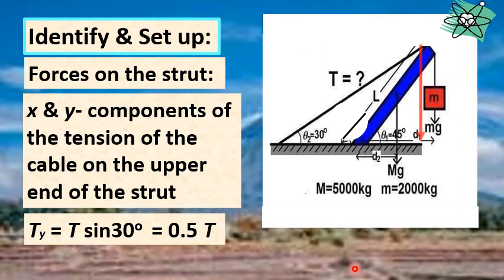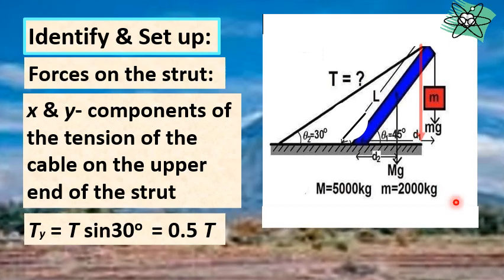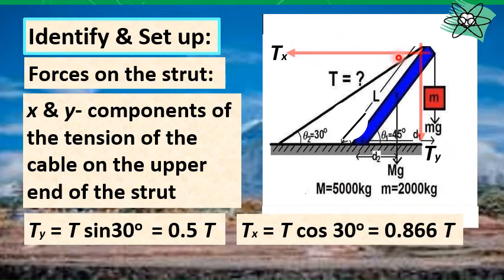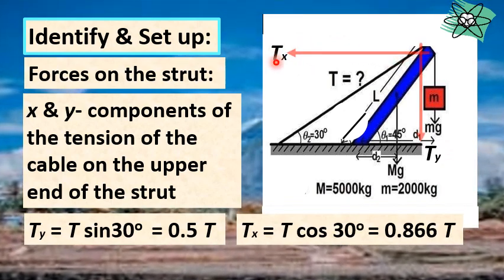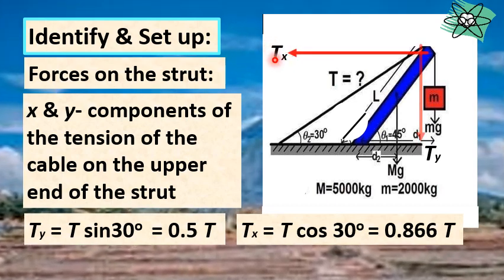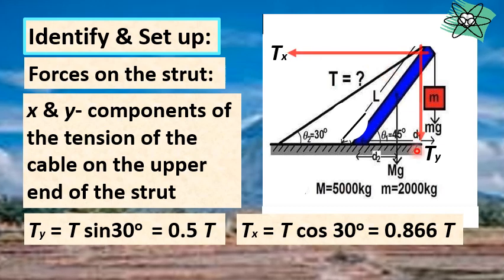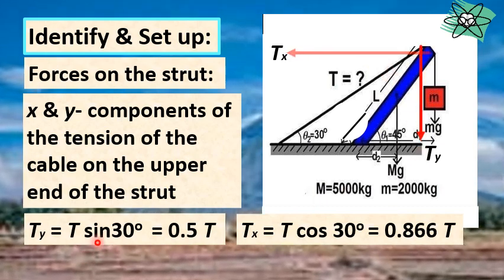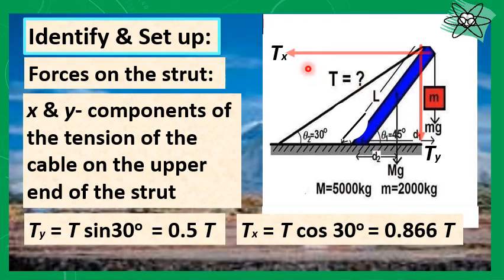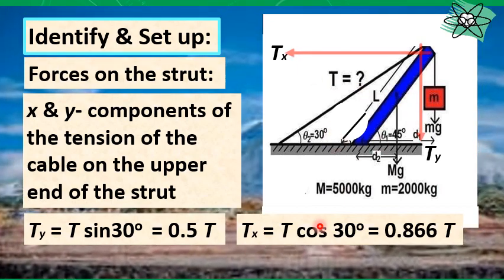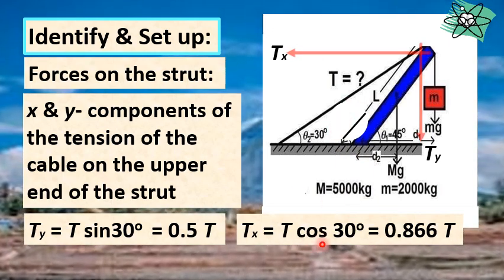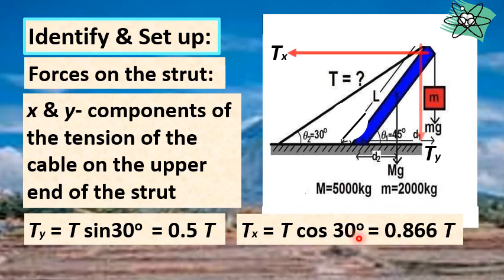Now, for the x component, represented by this vector arrow directed to the left, we call it the x component of the tension T, labeled as T sub x. So if T sub y is expressed in terms of sine of the angle 30 degrees, it follows that the x component T sub x can be expressed as the product of the tension capital T and the cosine of the angle 30 degrees.